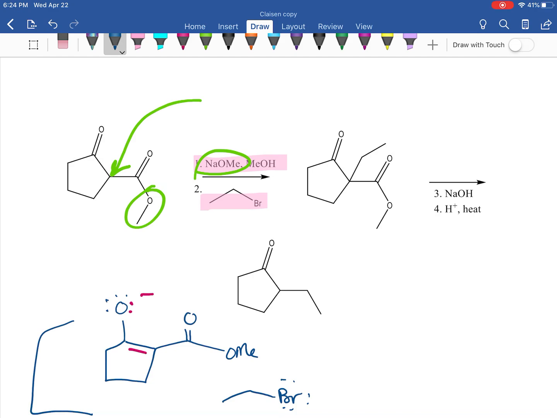And then this makes a really good nucleophile. So let's add our ethyl bromide here. I just kind of pick that. Okay, I love it. And now we've just alkylated.